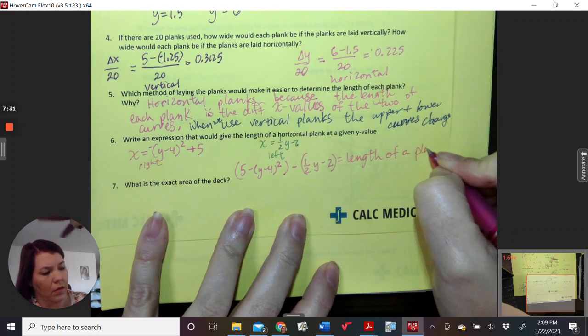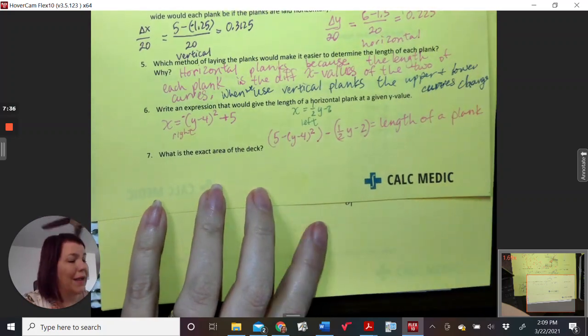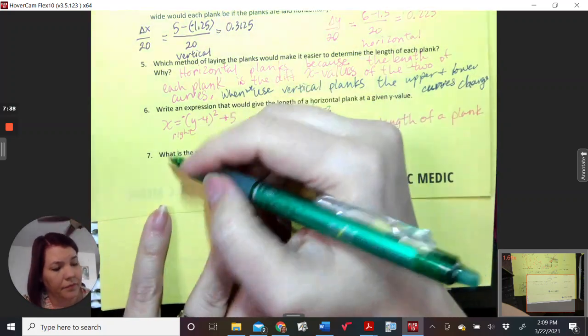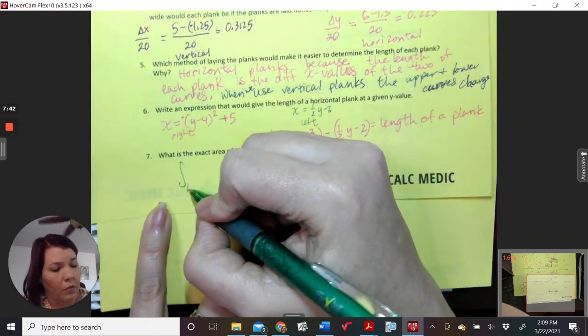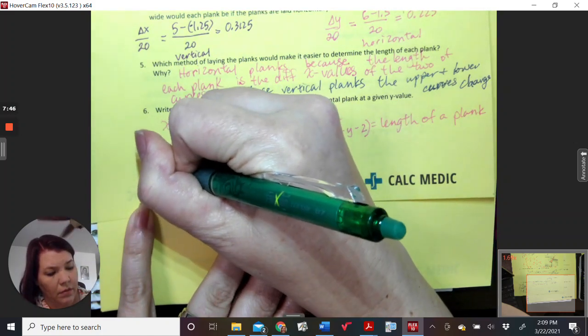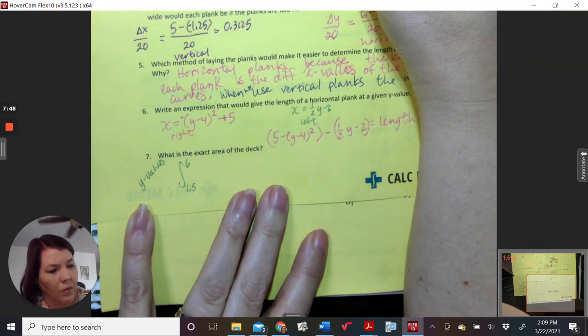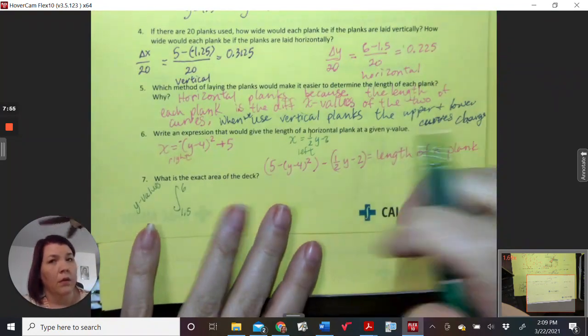All right. So what is the exact area of the deck? The integral from 1.5 to 6. Notice these are both y values. So y to y on the picture, y to y. And so then my length of my plank will go inside.